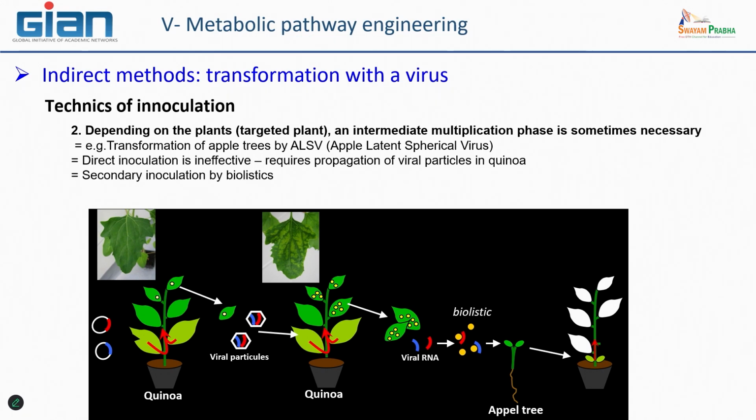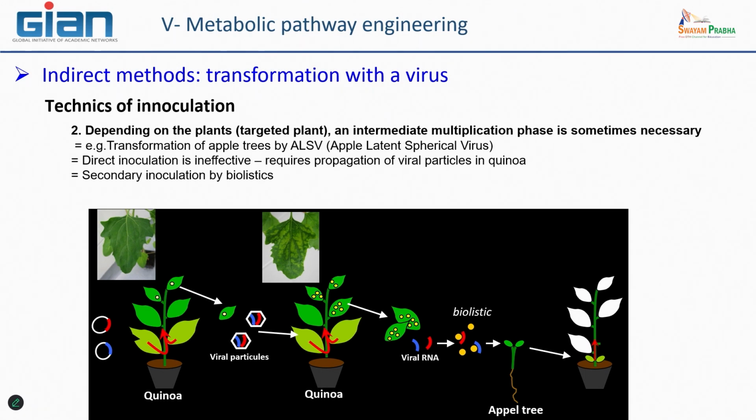This is why we do it in two steps. We start by infecting non-interesting plants such as quinoa, because quinoa is very sensitive to this virus. In this plant we can get a very high multiplication of the particles. Afterwards we collect all the particles and extract the viral RNA.